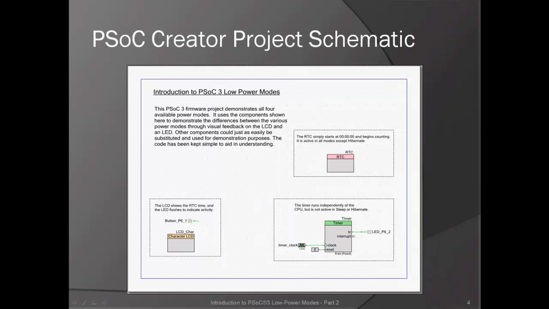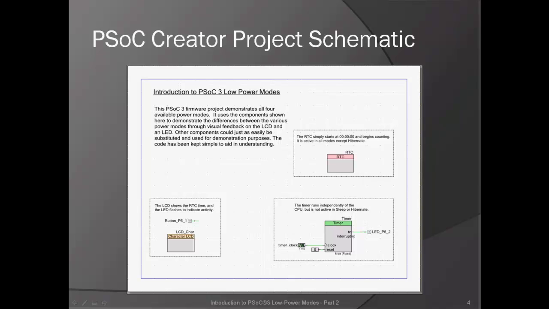For clarity, this example project uses just a few components to demonstrate the various power modes. A real-time clock or RTC component simply keeps time after startup. The timer component generates a pulse every 250 milliseconds, which is visible to the user through the LED connected to pin 6.2.